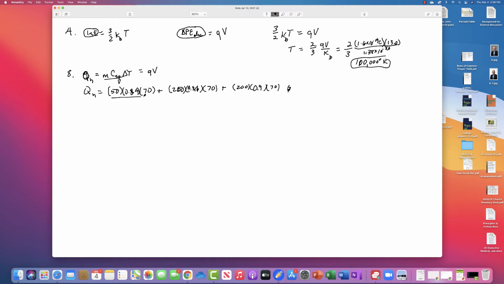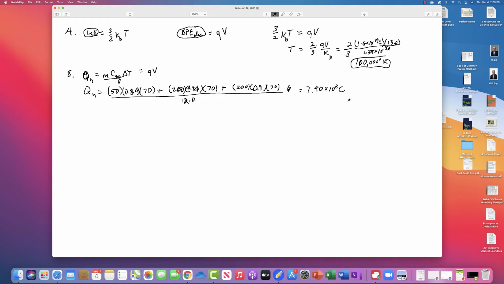So if you divide this by the voltage, 12.0, then that will give you the amount of charge that needs to be moved. And if you do the math on that, you get 7.40 times 10 to the third, or 7,400 coulombs of charge that has to be moved.